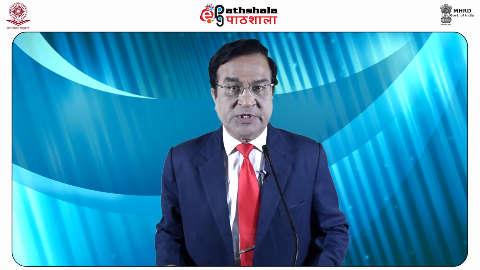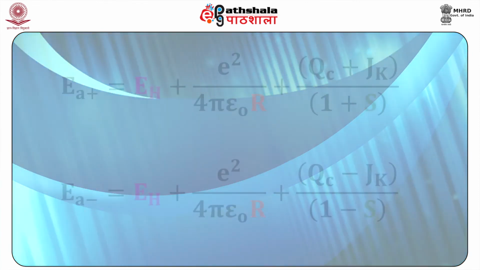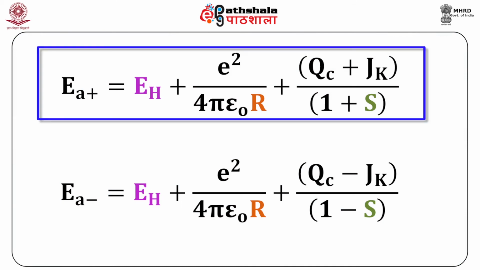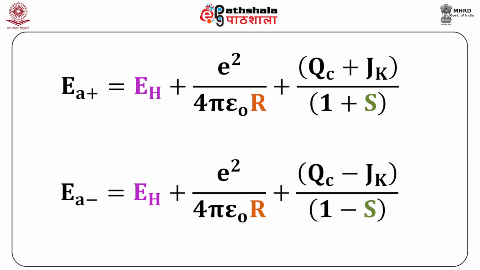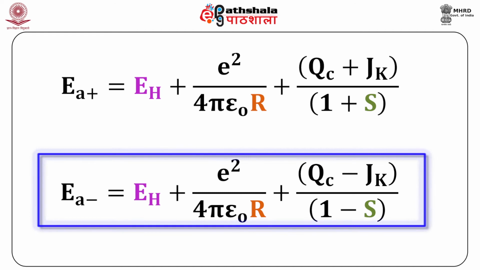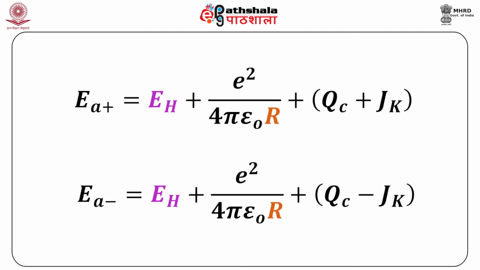If we now substitute these values of Q and J back in our energy expressions, EA plus becomes EH plus e square upon 4 pi epsilon 0 R plus QC plus JK divided by 1 plus S. And similarly, we have the expression for EA negative, and that is EH plus e square upon 4 pi epsilon 0 R plus QC minus JK divided by 1 minus S. These two energy values get further simplified if we assume S to be equal to 0.